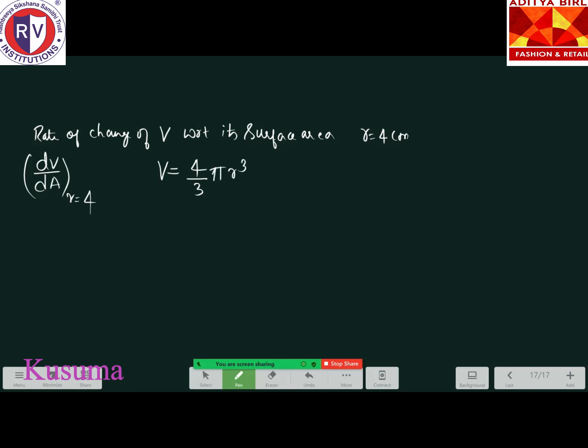What is the surface area of a sphere? 4 pi r square. So we have V is equal to 4 by 3 pi r cube and A is equal to 4 pi r square, and both area and volume are functions of radius.